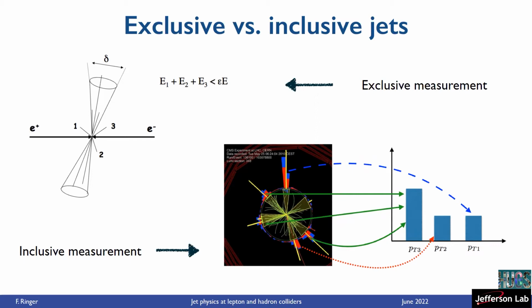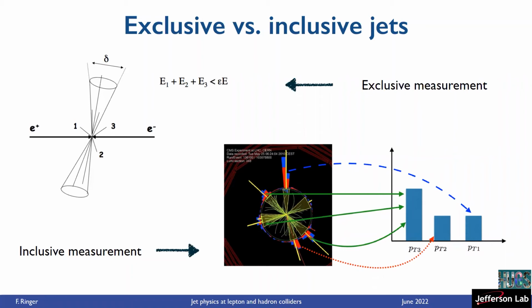If you have incoming protons, they will emit a lot of radiation, also very collinear to the beam direction. It depends on until where you can actually measure that, on the rapidity until where your detectors go. Here you don't really have that issue, because in e+e- you don't have much radiation close to the beam. But if you have pp collisions or ep collisions, you can anyway do it.